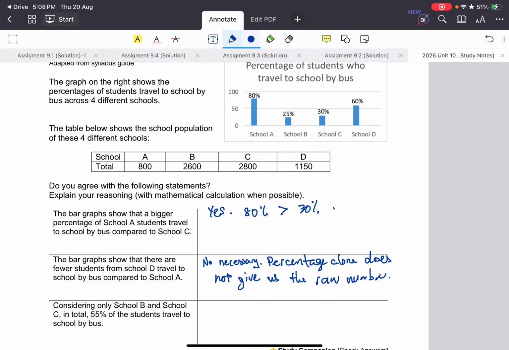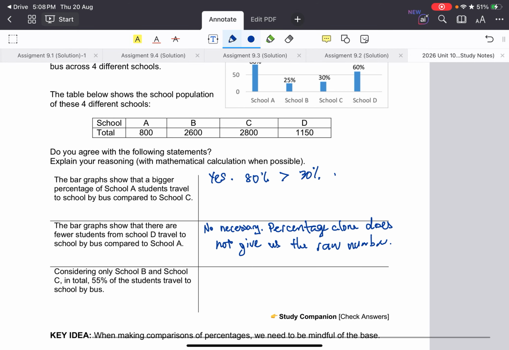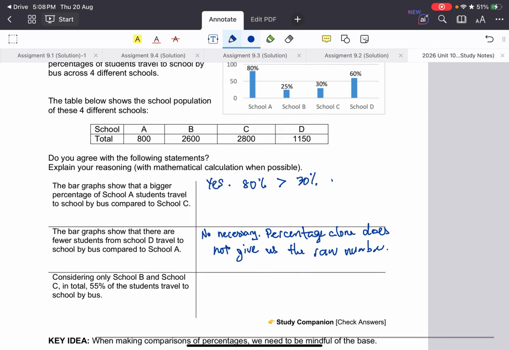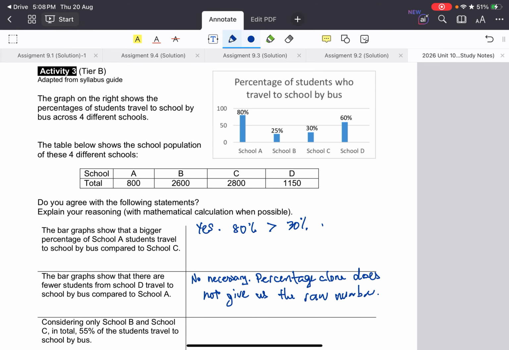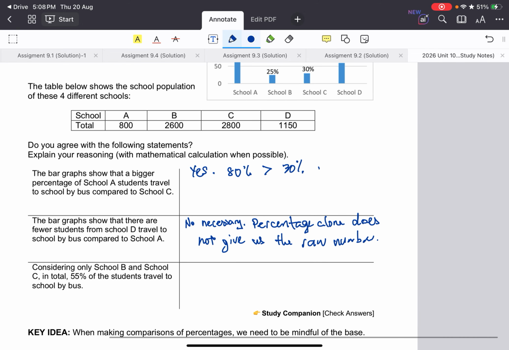Now let's look at the next one, considering only school B and school C. I have the values there. In total, 55% of the students travel to school by bus. Can we do that? Of course not.